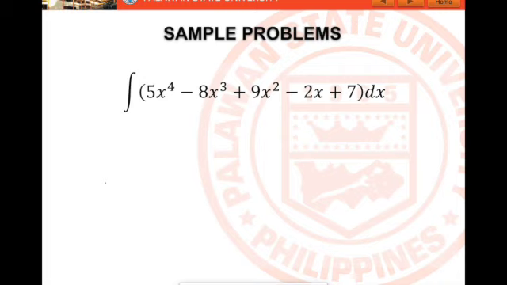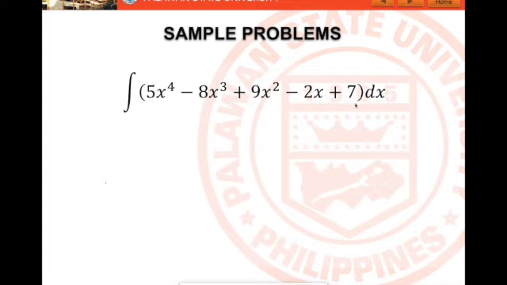So we have here in the integral sign, enclosed in parentheses, the function 5x to the 4th power minus 8x cubed plus 9x squared minus 2x plus 7, close parentheses and dx.